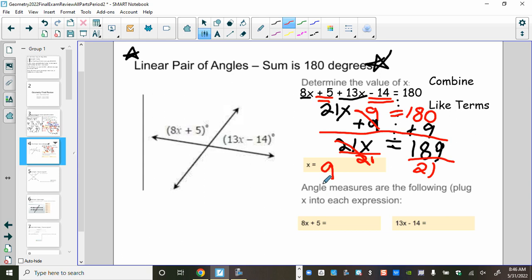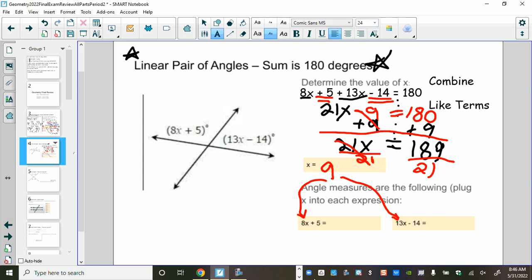X is 9. And now you're going to plug the 9 into both these expressions. 8 times 9 plus 5. And then similarly, 13 times 9, oh, not 90, minus 14.